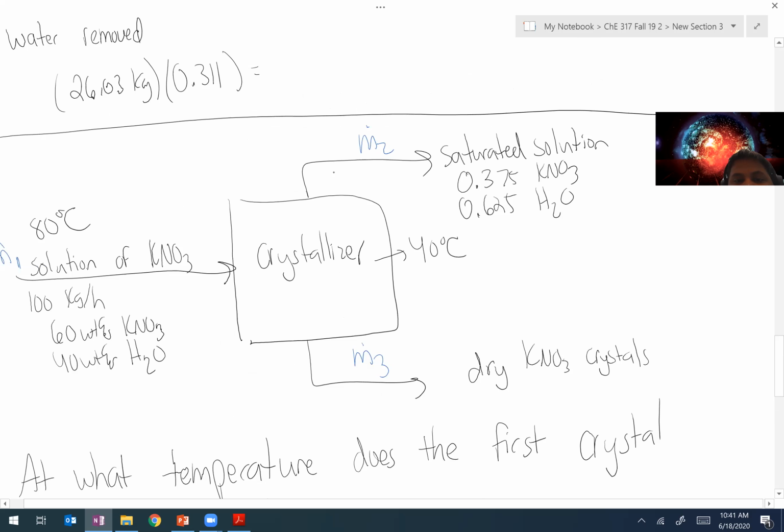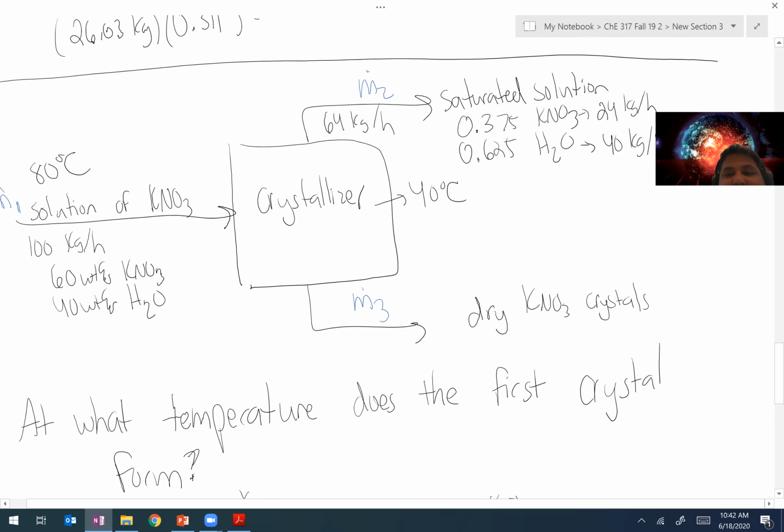So I have 64 kilograms per hour leaving as a saturated solution. If this is the water leaving at 40 kilograms per hour, that tells me that I should have 24 kilograms per hour of crystals in that saturated solution.